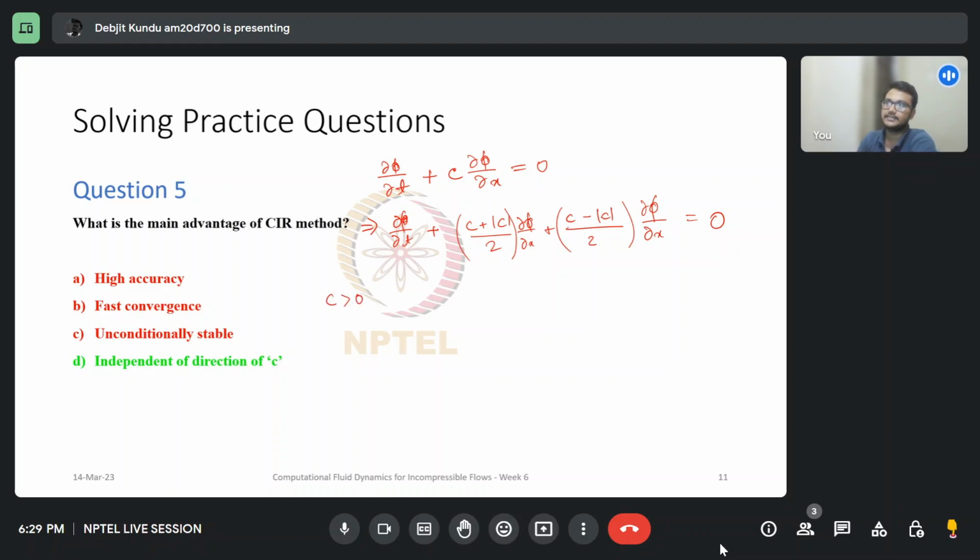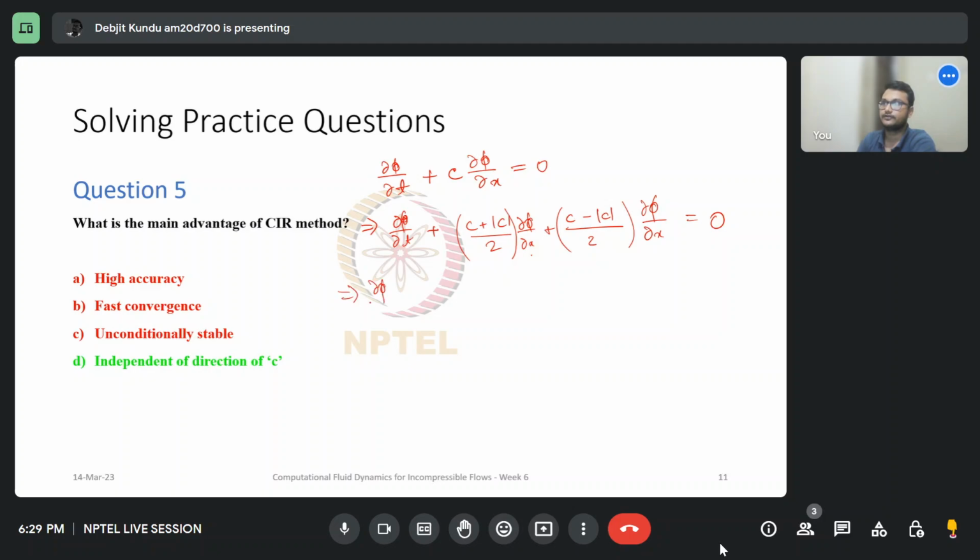Now what happens is, let's say C is greater than 0. In that case, this term goes to 0 and this term becomes C ∂phi/∂x. There is one additional step before this; let me write that down clearly.